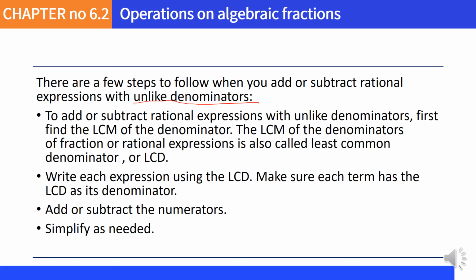The LCM of the denominators of fractions or rational expressions is also called the least common denominator, or LCD. We write each expression using the LCD. Make sure each term has the LCD as its denominator. Add or subtract numerators. Simplify as needed.